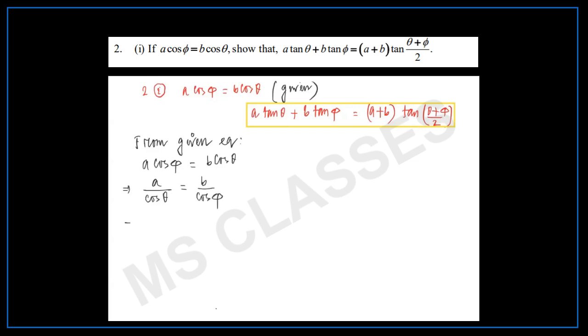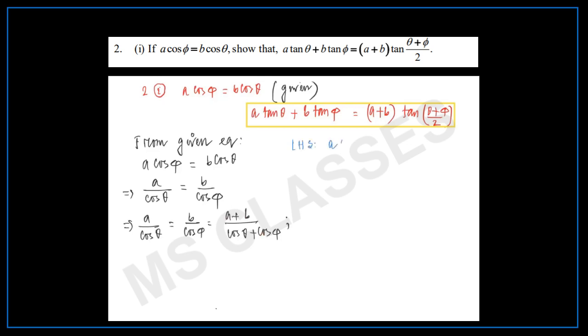Now, this equals A plus B by cos theta plus cos phi. So, by the property of ratio and proportion, we can write A by cos theta equals B by cos phi equals A plus B by cos theta plus cos phi. It's the same.